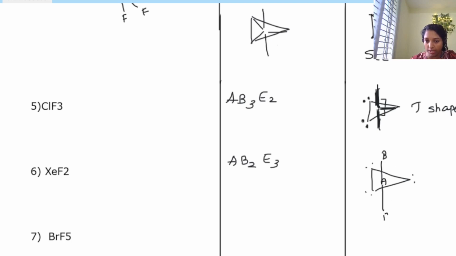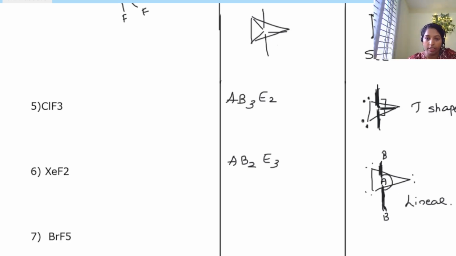See what the remaining shape is. Just linear, correct? So this shape is what you call linear. In the three-dimensional diagram, maybe you don't get much of an idea, so just think about this hidden position. The lone pairs hide there, and then you get the shape.